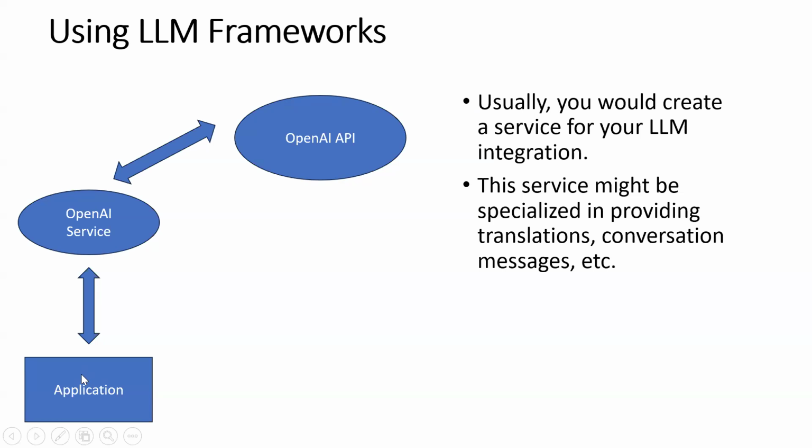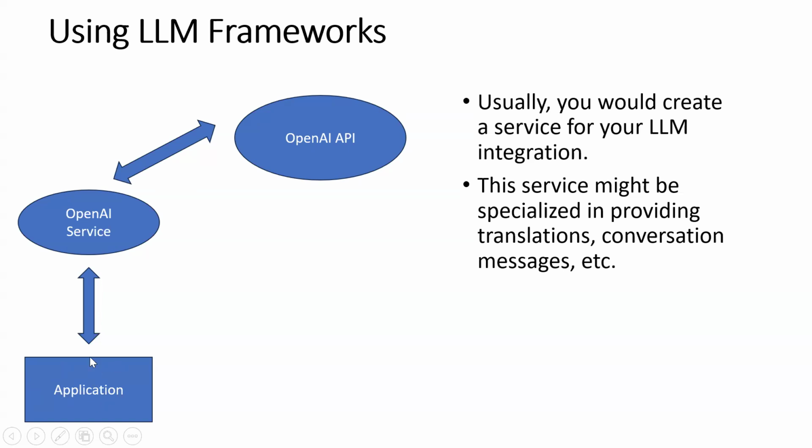Let's say we are building some application, something like Duolingo, which does language translation, and I am going to use the OpenAI API. So what I will do is write some code or some OpenAI service, and it will invoke my OpenAI APIs. Okay, so this is the way, right?